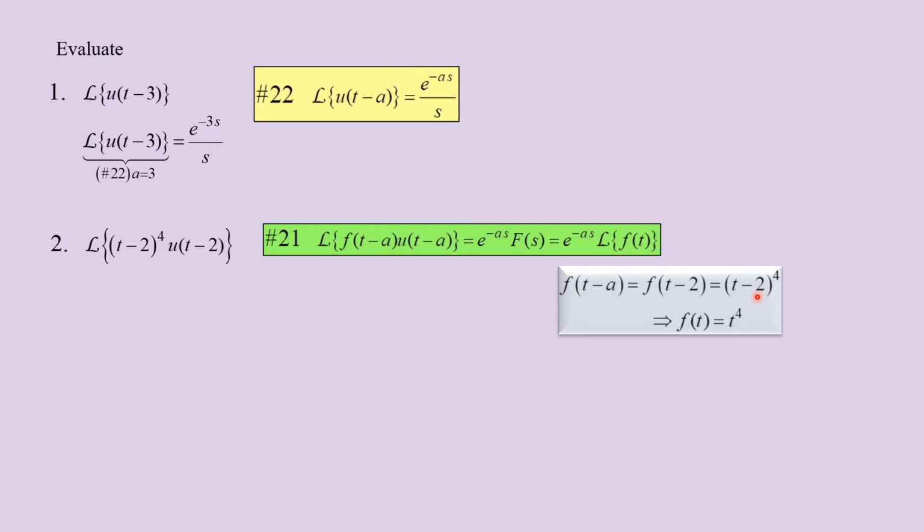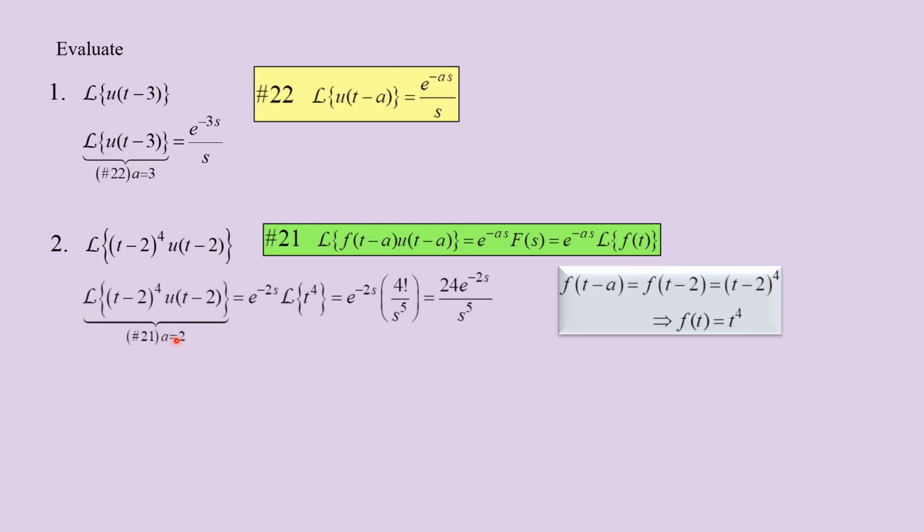Now let us apply formula number 21, where a has been taken by the number 2. According to the formula, the Laplace transform of (t minus 2) to the power of 4 u(t minus 2) is equal to e to the negative as. Now a is 2, so you write down e to the power of negative 2s multiplied by the Laplace transform of f(t). We have already determined f(t) as t to the power of 4, so replace f(t) by t to the power of 4 in this formula.